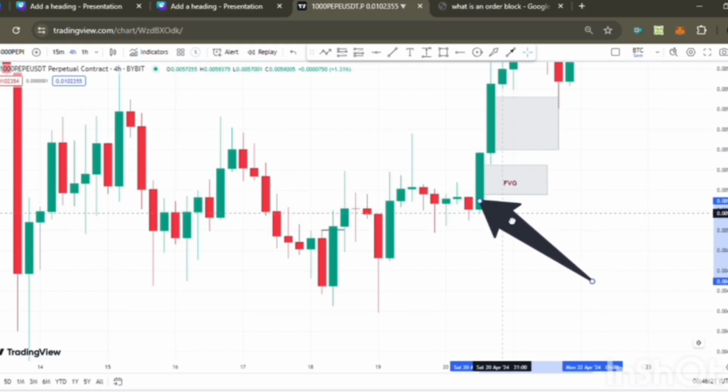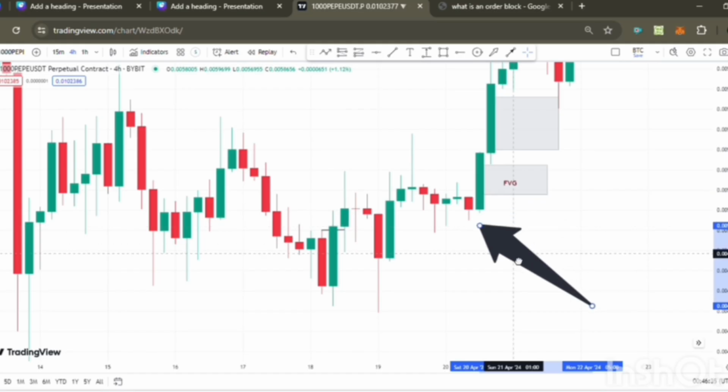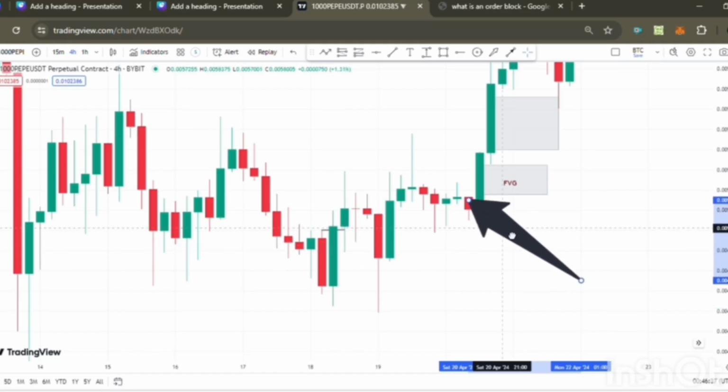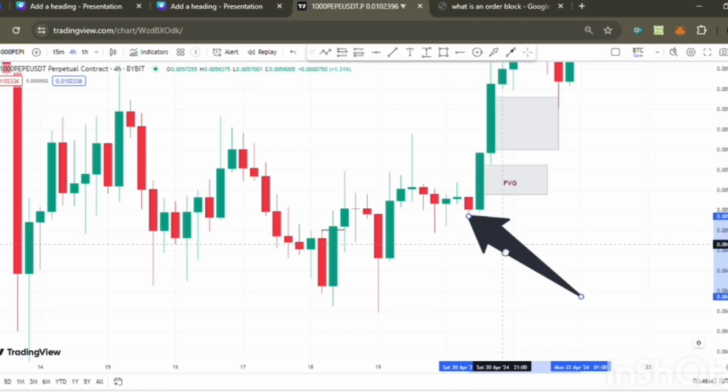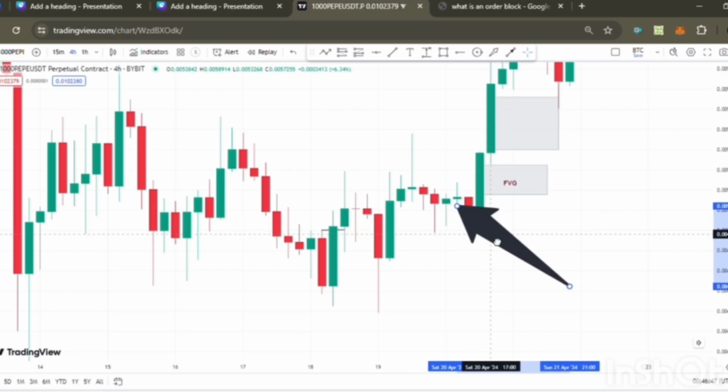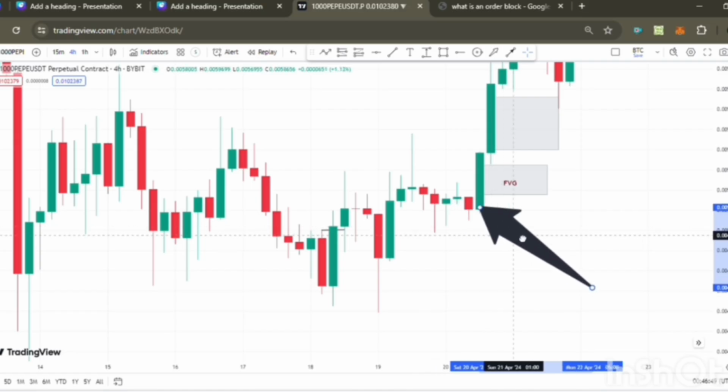In forex trading there are terms, and also some terms in crypto, but they are saying the same thing. So the red candle, the bearish candle, during its formation completely swept the liquidity of the previous candle before pushing to the downside.